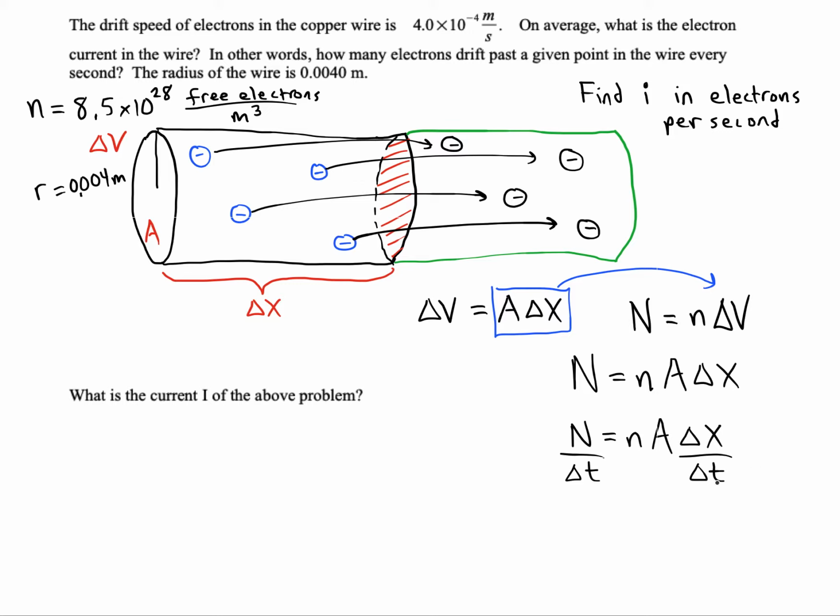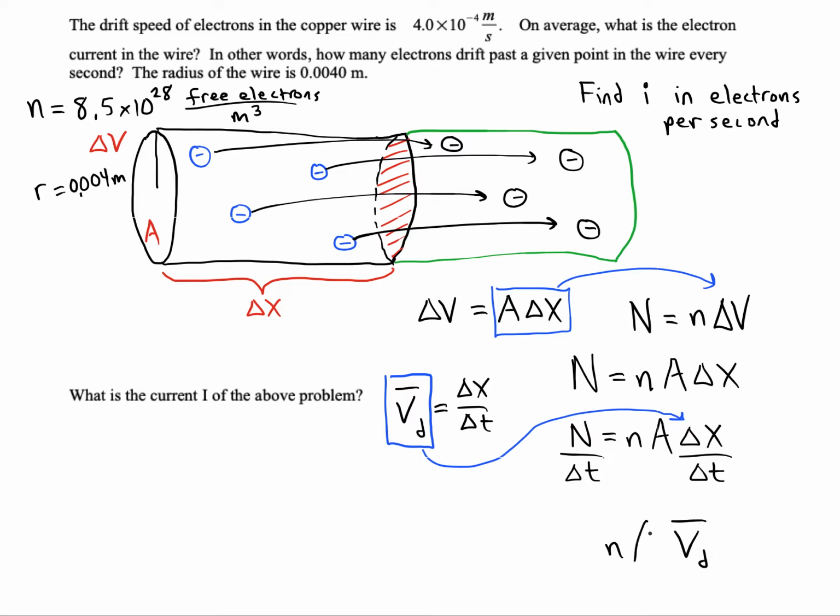Now, if we recognize that delta x over delta t is the drift speed, then we can go even farther with our substitutions and plug in our drift speed in place of delta x over delta t.